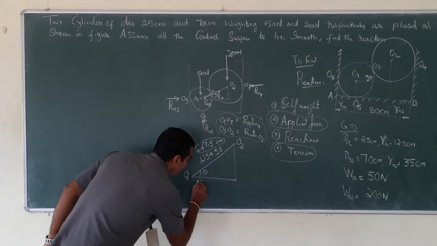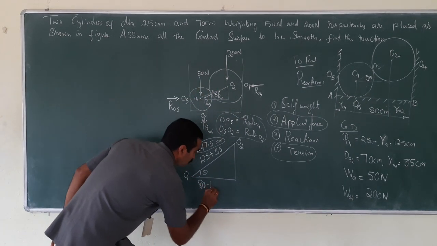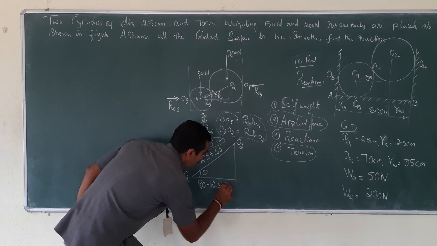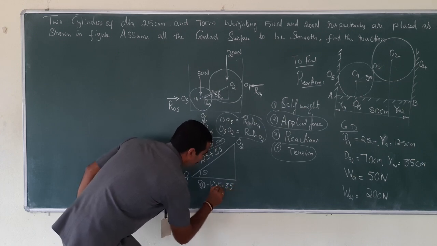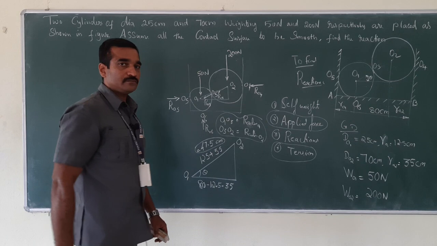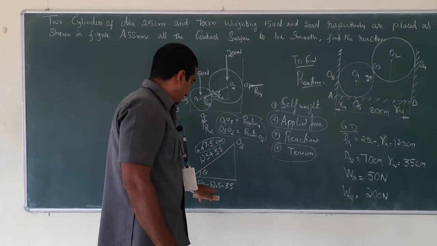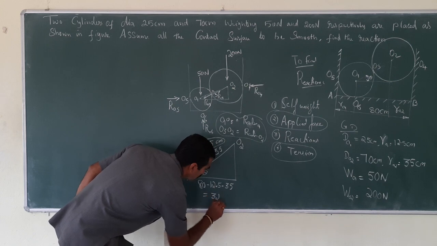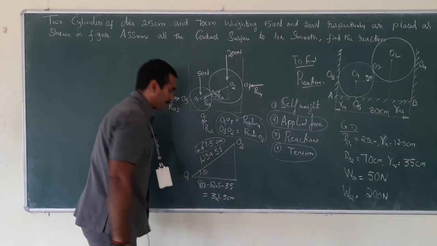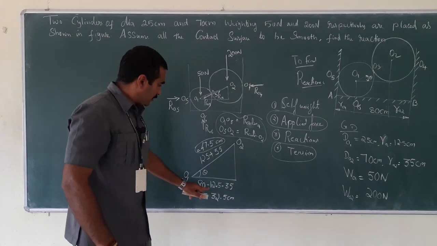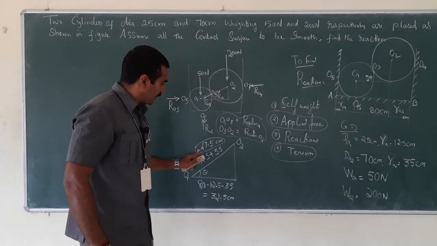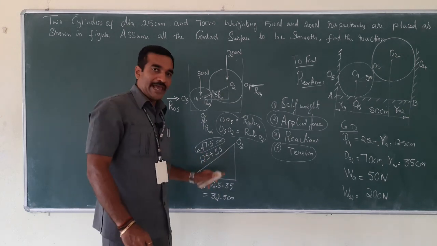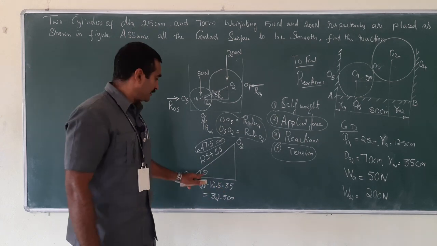So that could be 80 minus 12.5 minus 35. Right. If you just calculate this, you will get 32.5 centimeter.